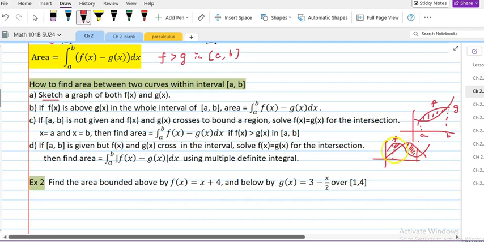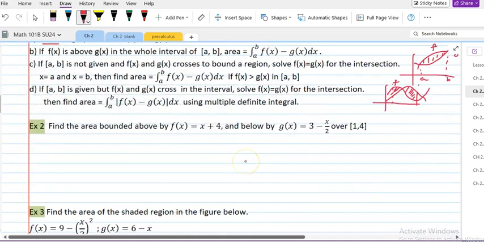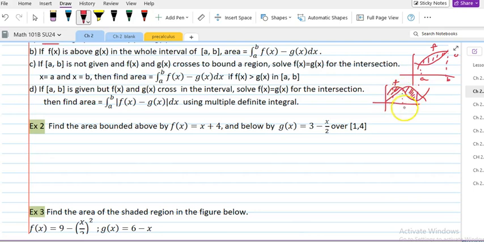In this case, we would have to find the area one by one, or find the absolute value of f minus g using multiple definite integrals, meaning in the second one you have g minus f, in the first one you have f minus g, having the area between a and b. But this is c, so you do a to c, c to b like that.